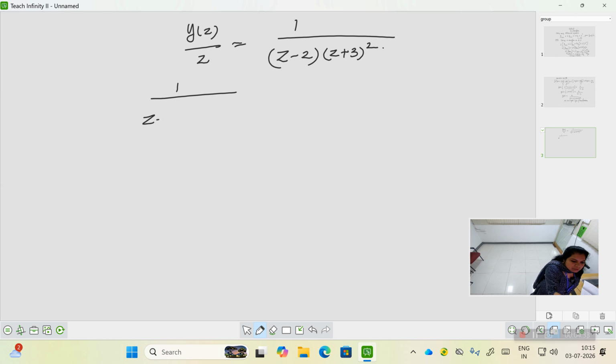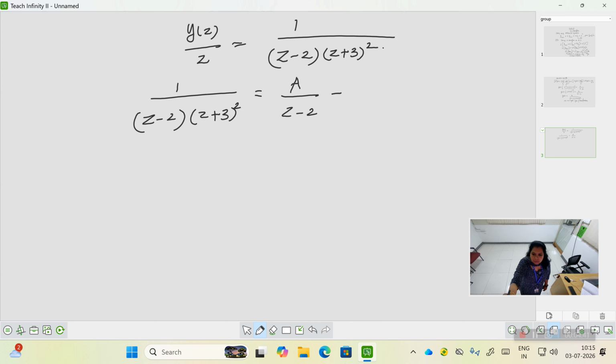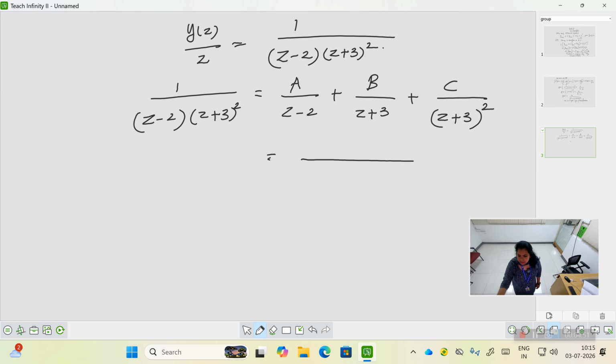Now look at here. I am going to take this term separately. What is the format? A by (z minus 2), B by (z plus 3), C by (z plus 3) the whole square. Take the common LCM: (z minus 2)(z plus 3) the whole square.